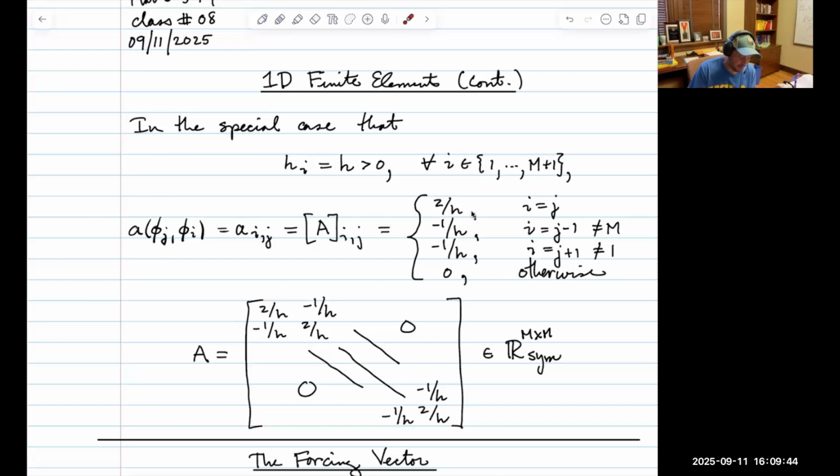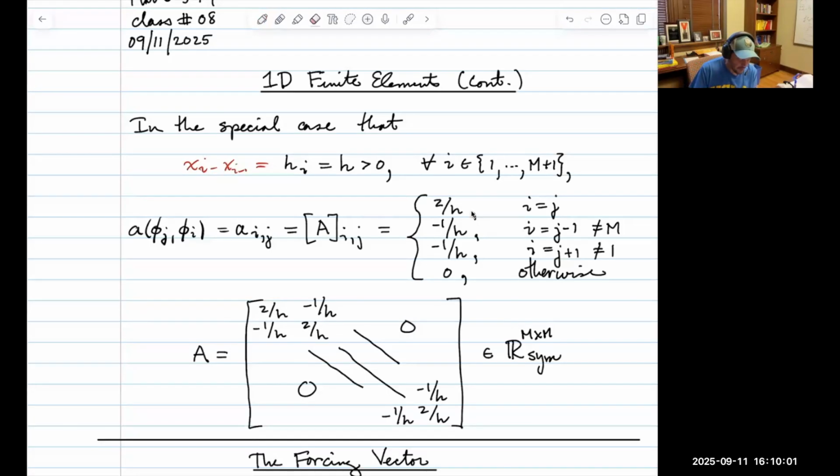Remember, we had this thing called the partition spacing, and by definition, the partition spacing h_i was equal to x_i minus x_{i-1}.